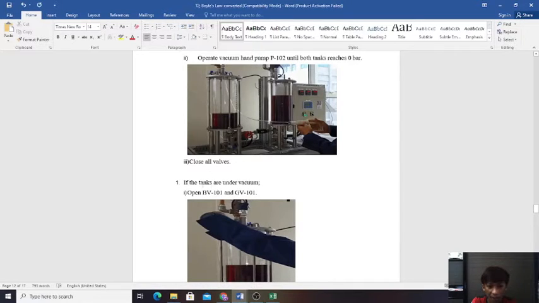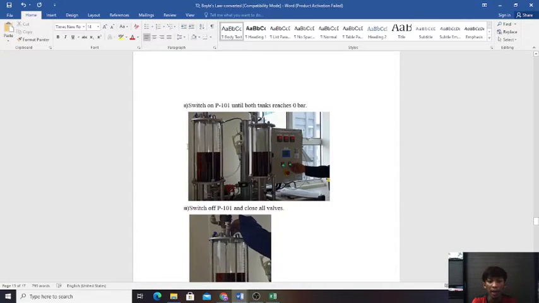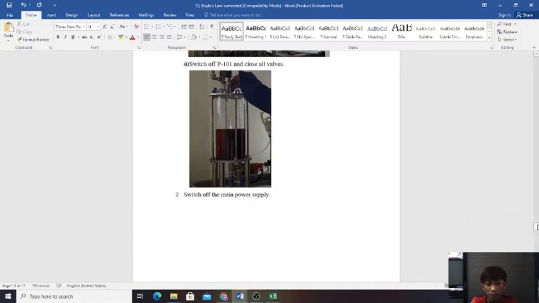If the tanks are under vacuum, open BV101 and GV101, switch on P101 until both tanks reach 0 bar, and then switch off P101 and close all valves. Switch off the main power supply.